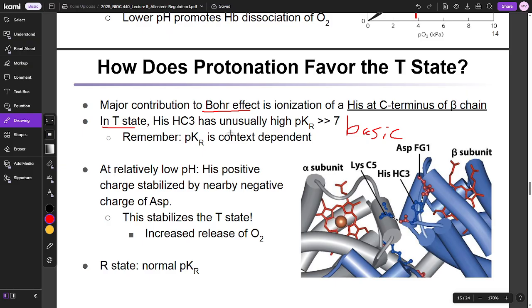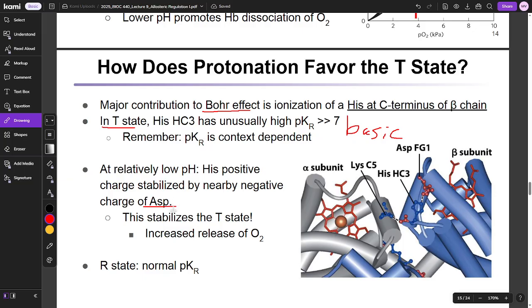So at relatively low pH, this histidine is positive, and is stabilized by negative charges of aspartate. These electron donating groups, remember, make it more basic. See how these aspartates have electron groups on them that they can donate, or use to stabilize histidine? So it stabilizes this base form.